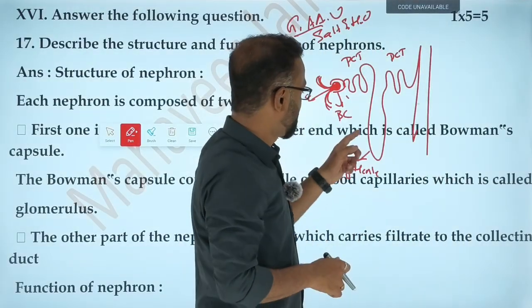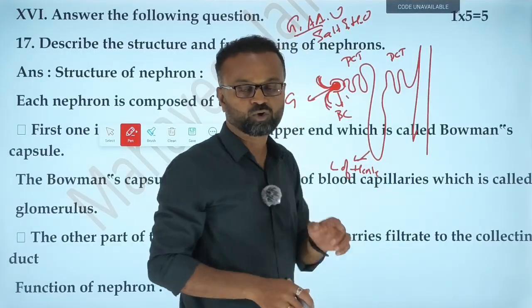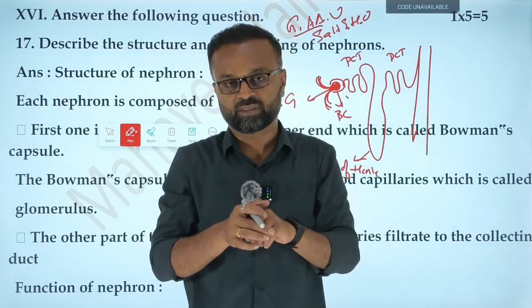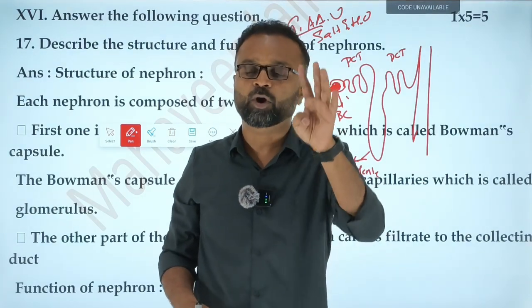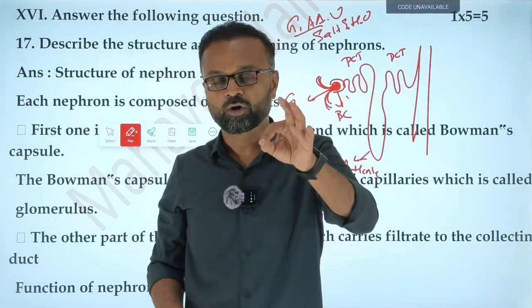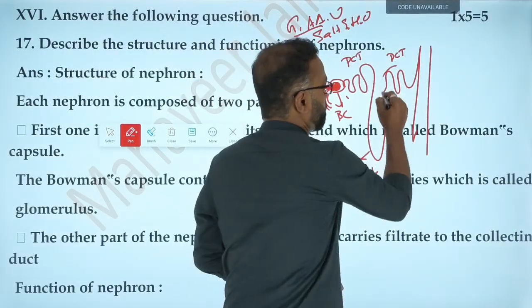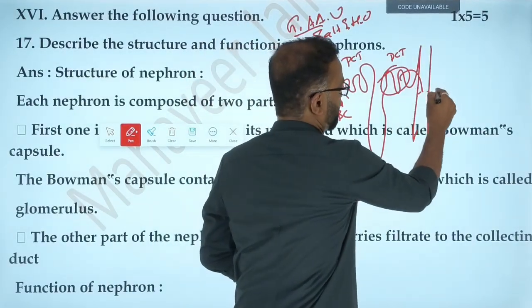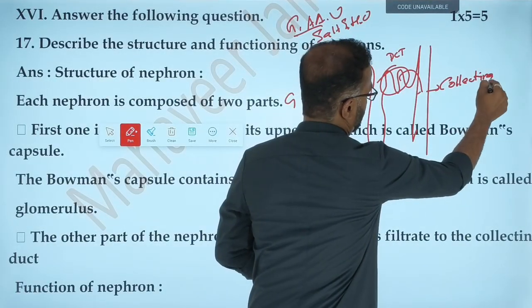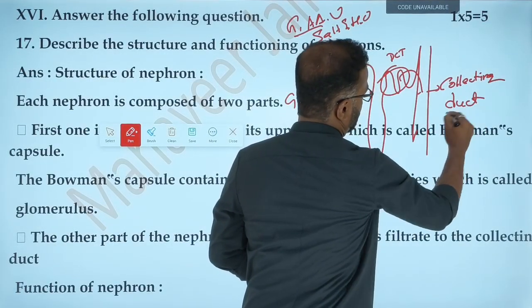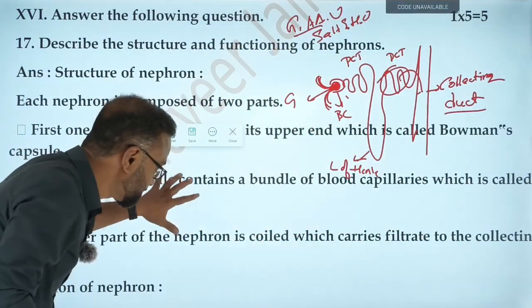When the remaining filtrate like urea, salt and water is going across the loop of Henle, osmoregulation will take place depending on the amount of nitrogenous waste generated, and water will start moving from higher concentration towards lower concentration. This is where the urine formation happens and it is collected inside the collecting duct.